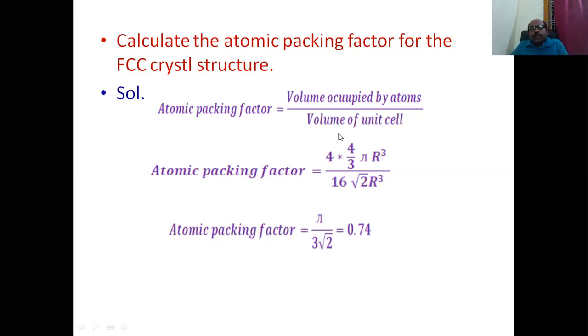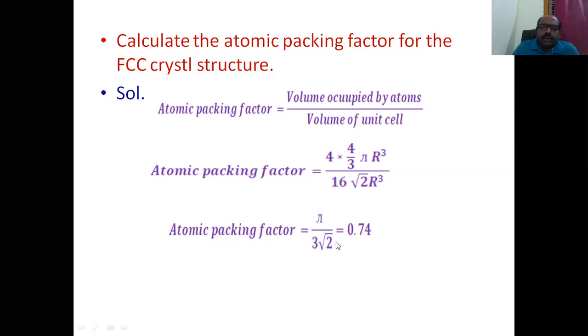In the previous problem we have calculated the volume of the FCC unit cell. That is written here. So totally we are having this, and r cube is cancelled, and 4 into 4 is 16. Here also 16 is cancelled. Now pi by 3 root 2 is left.